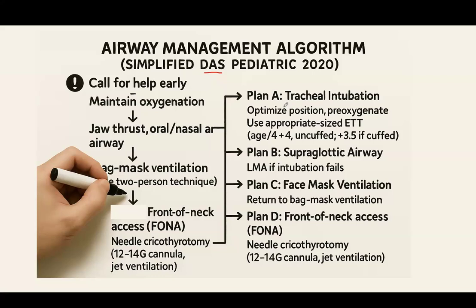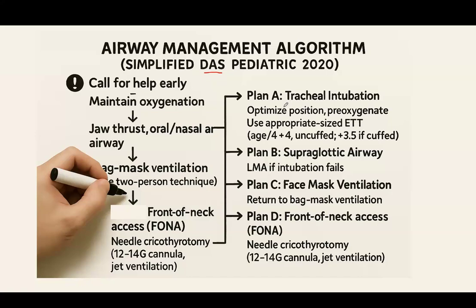So, the procedure for needle cricothyroidotomy in children: like adults, you need to identify the cricothyroid membrane, and you can use anatomical landmarks, or you can use ultrasound if you have time. Then insert a cannula over needle through the membrane into the trachea.